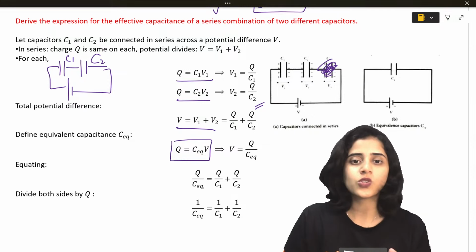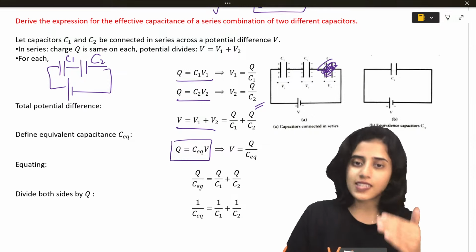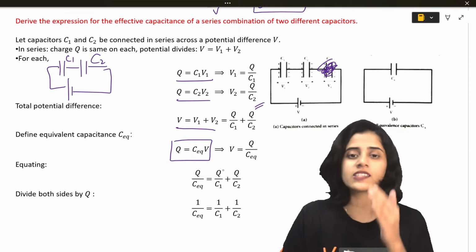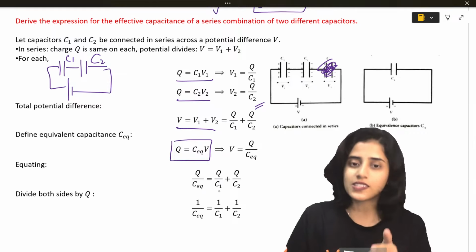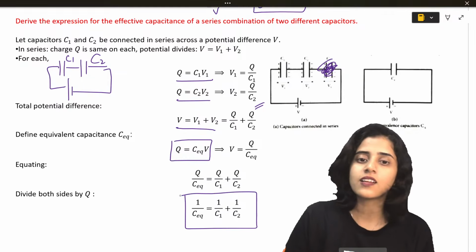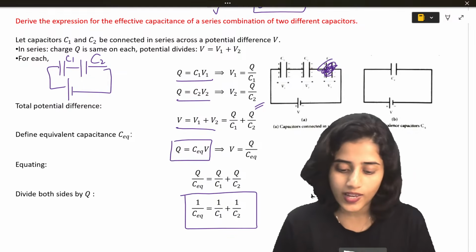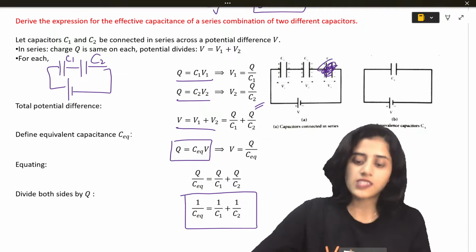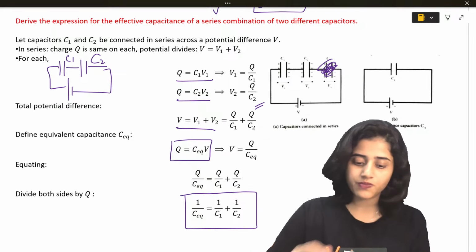So we can write Q by C equivalent is equal to Q by C1 plus Q by C2. All the Q's cancel. You will get 1 by C equivalent is 1 by C1 plus 1 by C2.